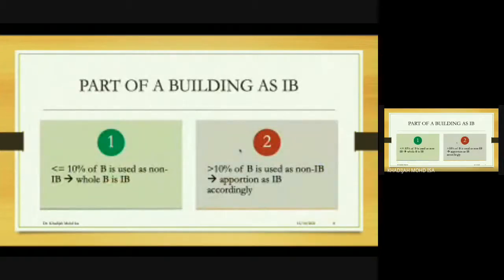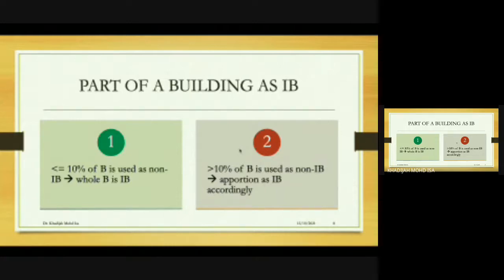Then we have, when talking about a building, you can have a building, but part of the building is not used as an industrial building, right? So when we say that it's not an industrial building, it may refer to a management office. A management office is not for industrial building purposes.